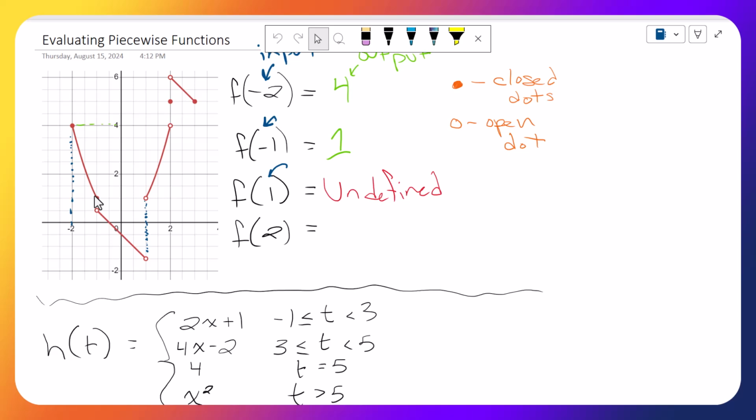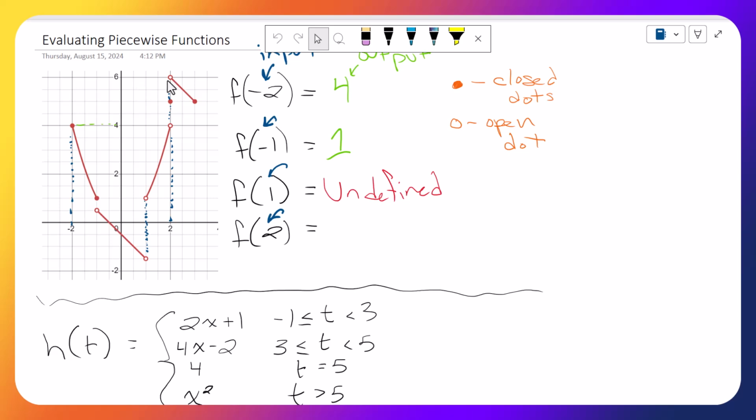Okay, and now f of 2, this is our input. F of 2, another interesting situation happens here. We have an open dot, a gap, an open dot, a gap, a closed dot, another gap, and an open dot right here.